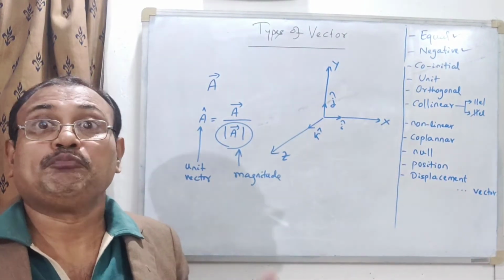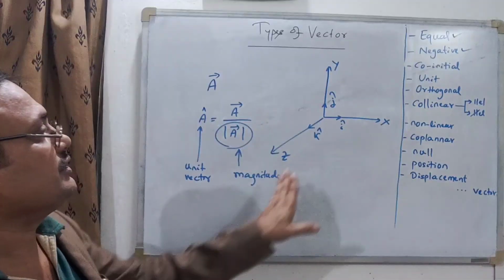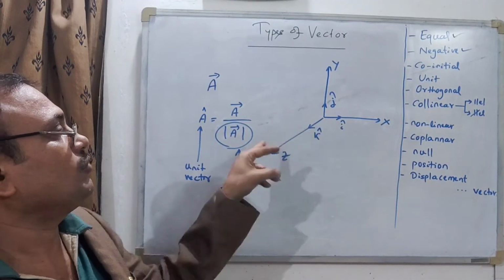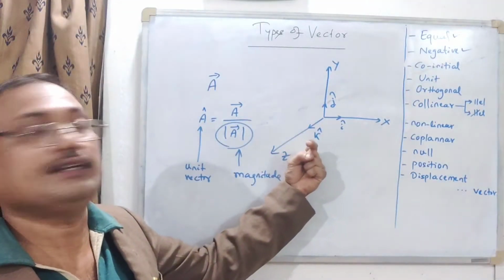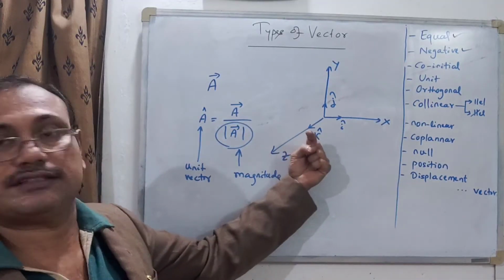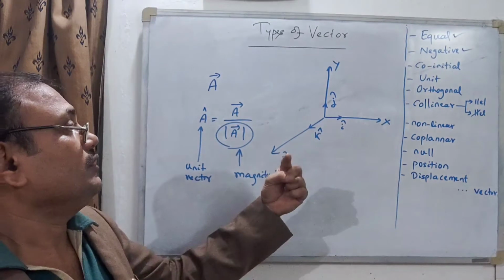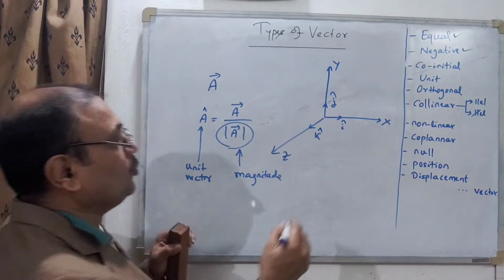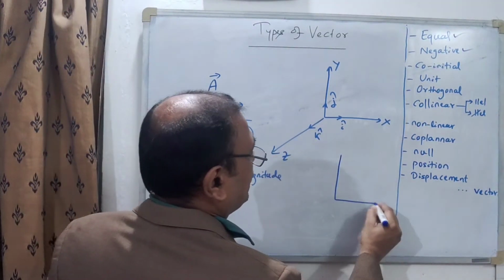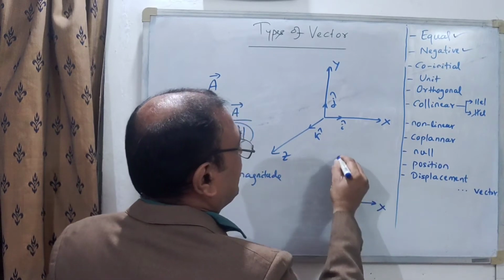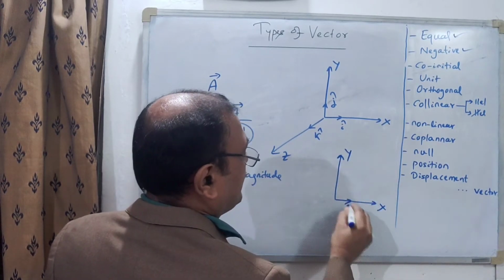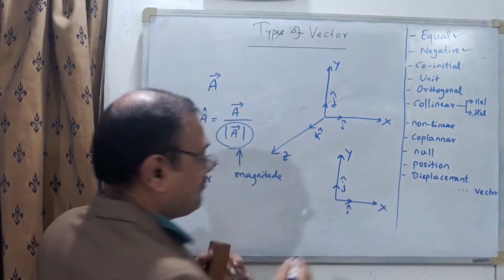The z direction is coming out of the blackboard, right? So to start, we can first take two dimensions. In case of 2D, we have, let us say, x and y. You have i cap, you have j cap.